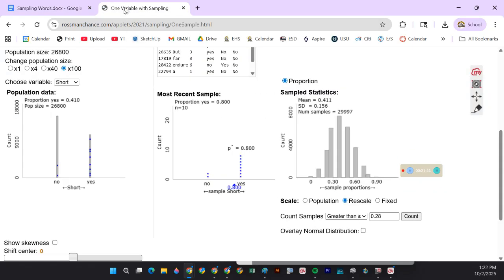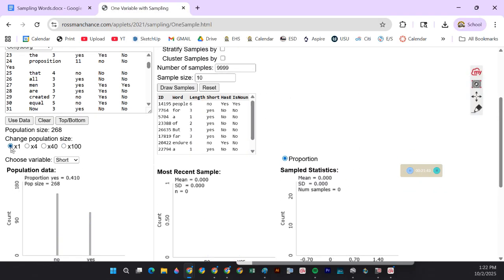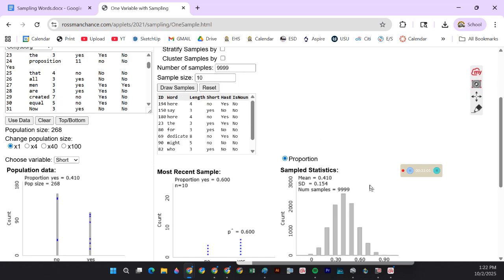Okay, but let's go back to 1. What if I change this to 30? What do you think is going to happen? Don't do it yet. Okay, so let's go back. Let's draw samples.